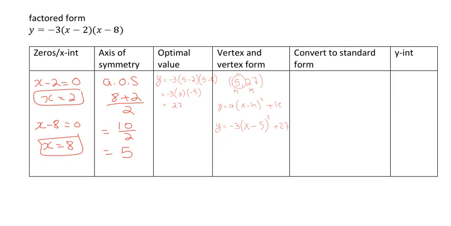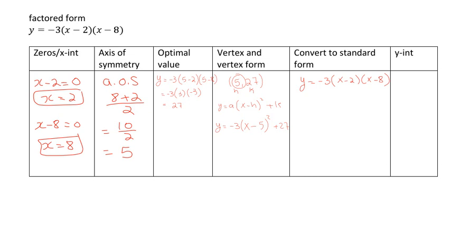So we can either use the original or the vertex. All right. What do you want to do? FOIL. So FOIL, that means you multiply the brackets by each other.